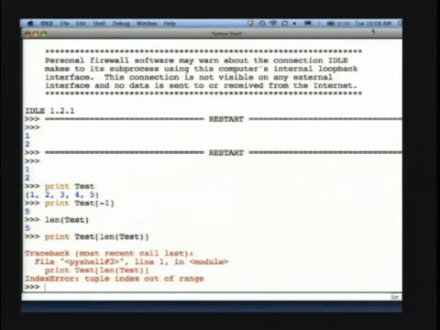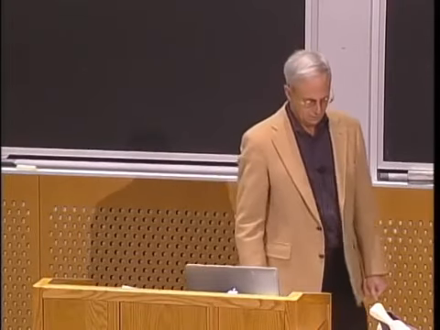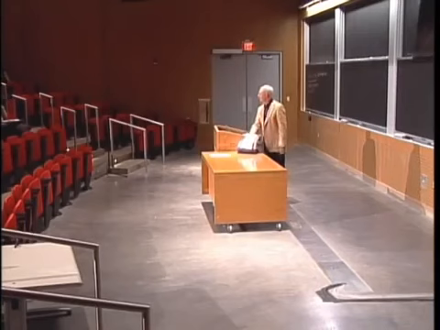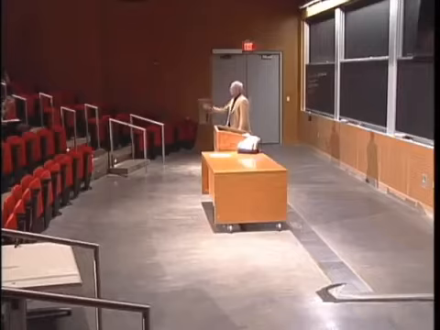Print test. Why was that out of range? Yeah? Because I'm indexing from 0. So that's why I have this sort of more convenient way of writing -1. Otherwise, I'd have to do len -1. Good catch. OK.